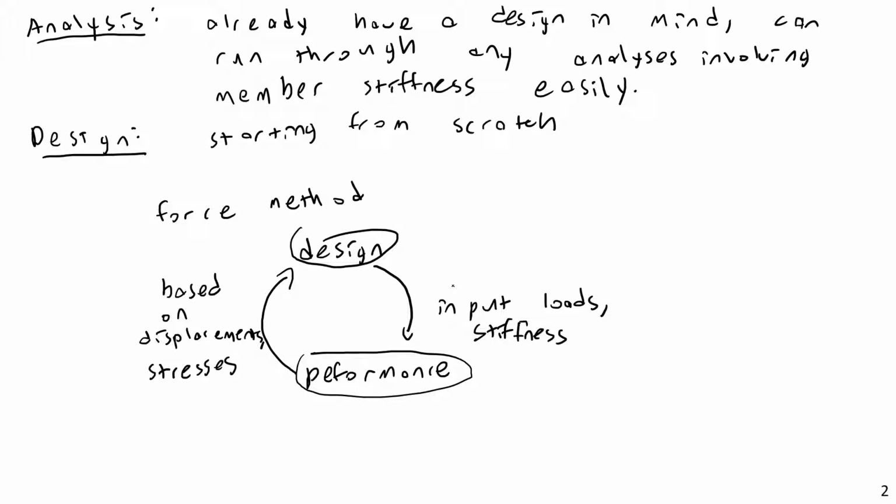But if your method, for example the force method, relies on stiffness, which is a function of your cross-sectional area, your moment of inertia, and your modulus of elasticity, how can you possibly get this loop started? If you're having to start from scratch and your method relies on already having a design in hand, how can you possibly get that started? Any idea?